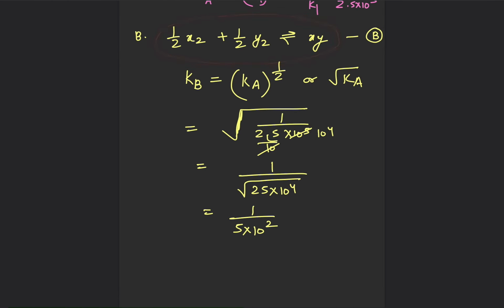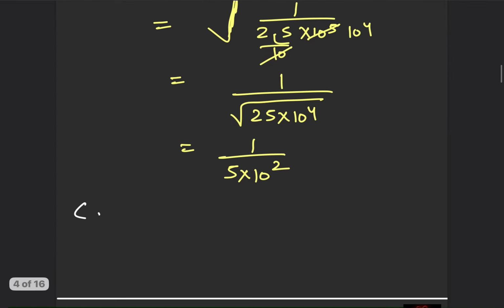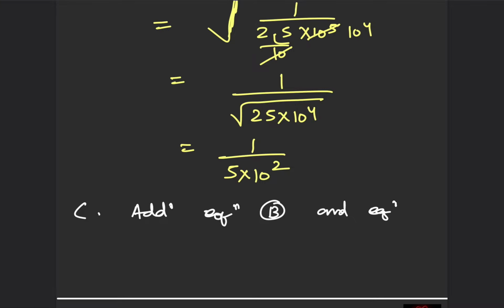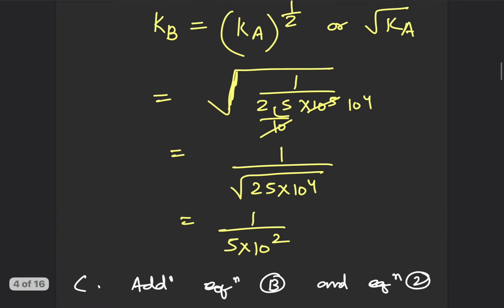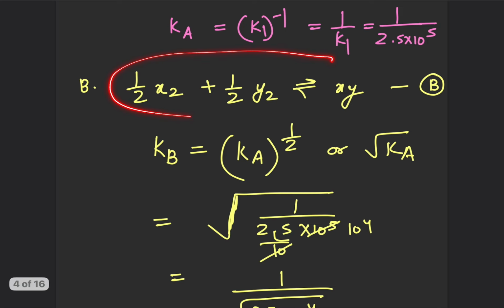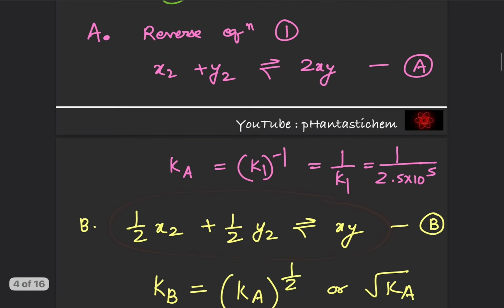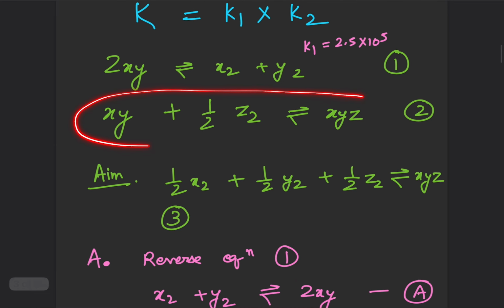Now the third step is to add equation B and equation 2. So equation B is half of x2 plus half of y2 giving us xy. This is what we obtained. And equation 2 was given to us: xy plus half of z2 giving us xyz.